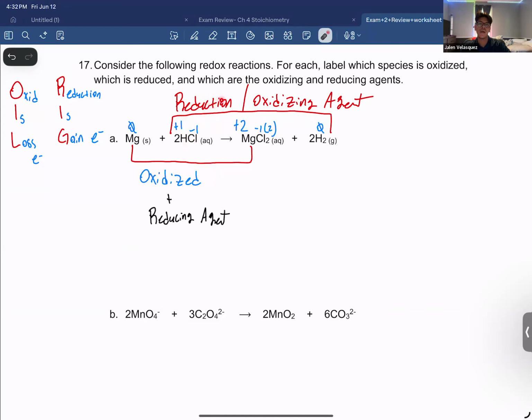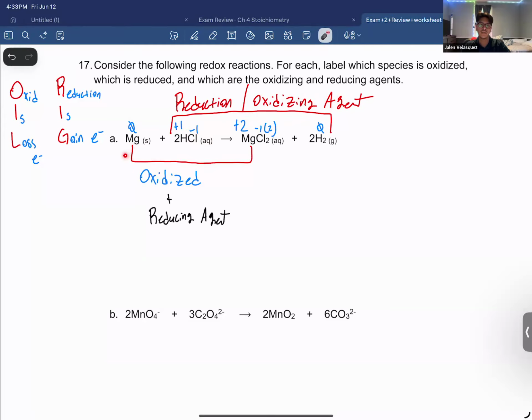So whatever is reduced becomes the oxidizing agent because it's gaining electrons. Those electrons are not just coming out of thin air. It's stealing electrons from somewhere else. So because HCl is being reduced, it's the oxidizing agent because it causes something else to become oxidized.